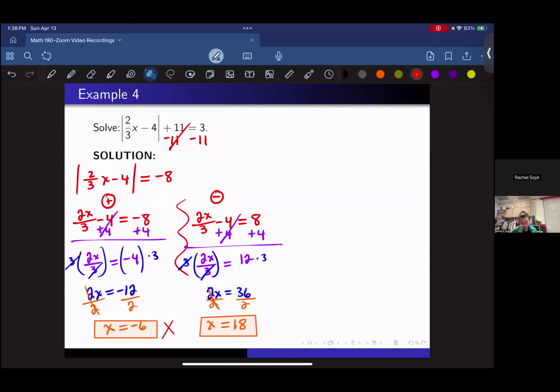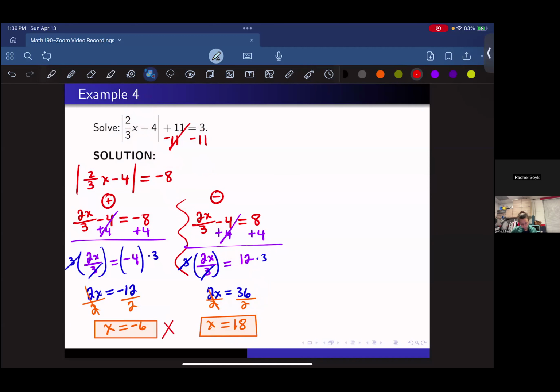Let's try 18, and it's not going to work either, but I'll show you. 3 goes into 18 6 times, and then we have 2 times 6 is 12. 12 minus 4 is 8. Absolute value of +8 is 8. Plus 11 does not give you 3.